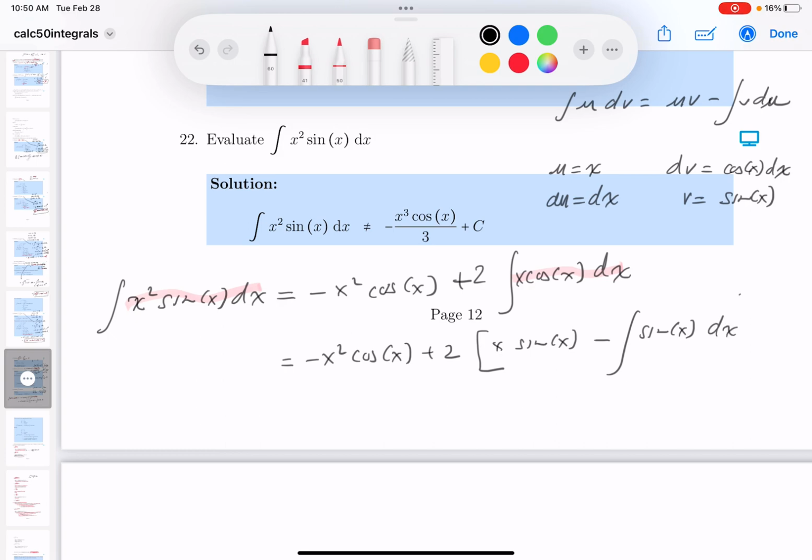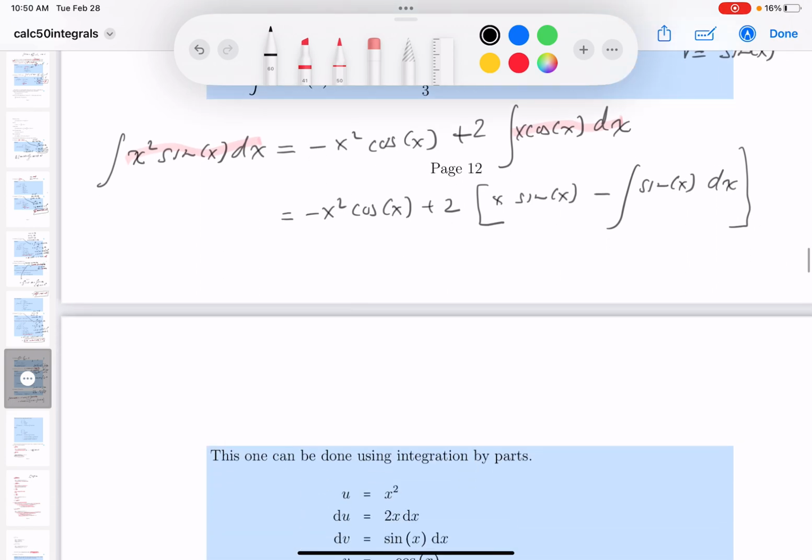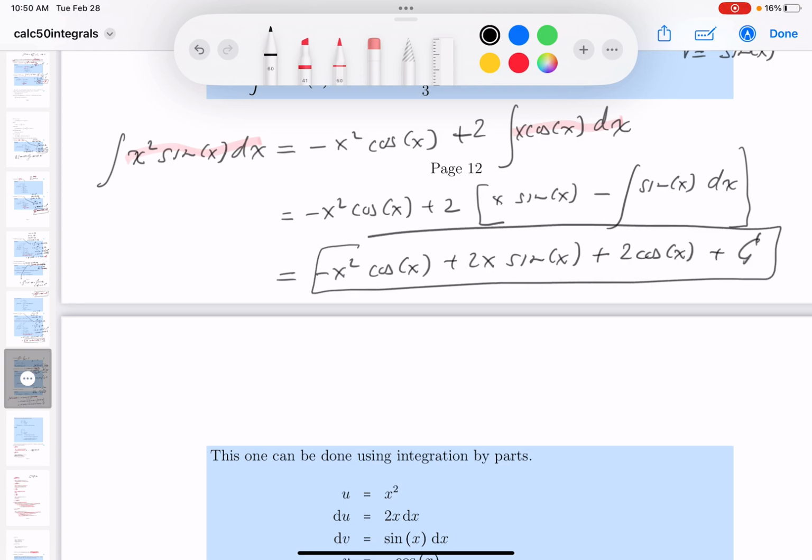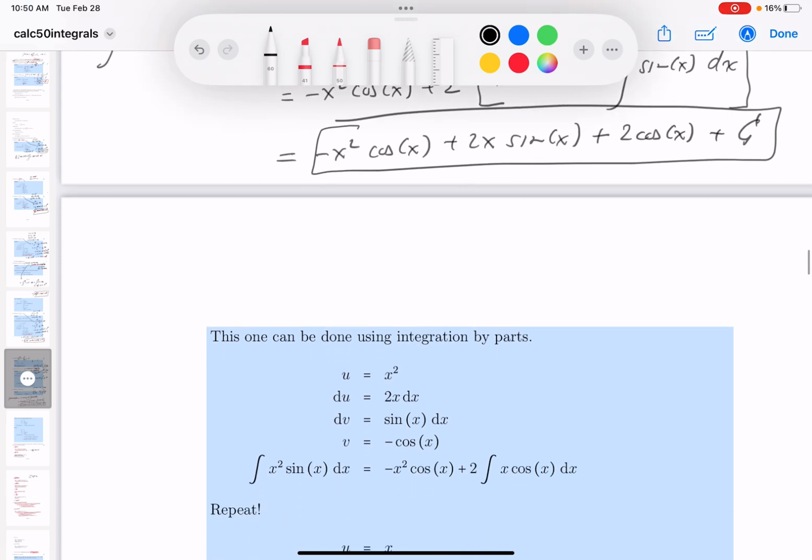Well, you know what? Things have gotten substantially easier now. Let's write this over here. What do you get? Minus x squared cosine x plus 2x sine x minus, well, let's be careful before I say minus, right? So what's its antiderivative? It's actually minus cosine, so it's going to be plus 2 cosine x plus some constant of integration. I'm going to say I did that.